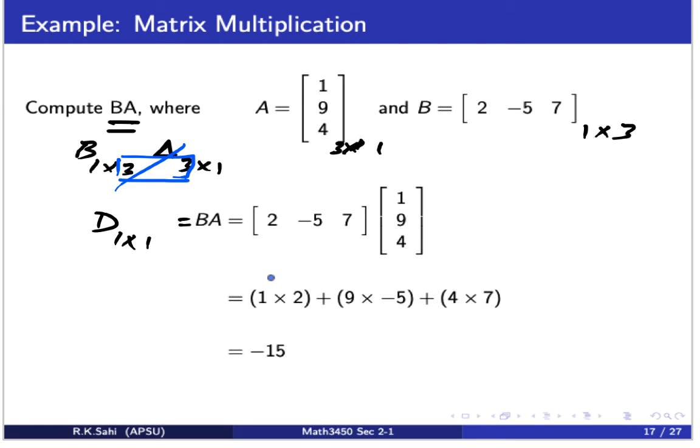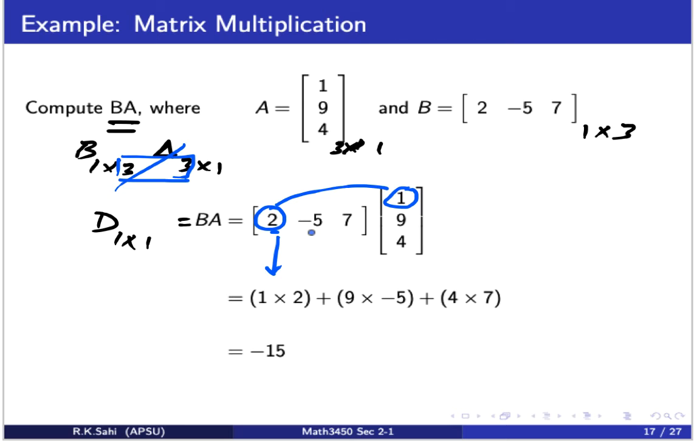To do this, remember what we do is look at the first element in the matrix B and multiply it with the first element of the matrix A. So 2 is multiplied to 1. Then we have a plus in between.